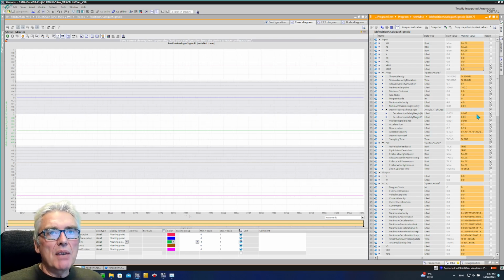Then we have some safety margins here. Let's say if we have a really steep deceleration, we can start a little earlier to move to this positioning velocity, so we're not running into a wall or overrunning a target or something like that. That's dynamic.